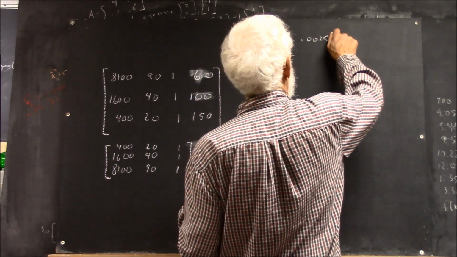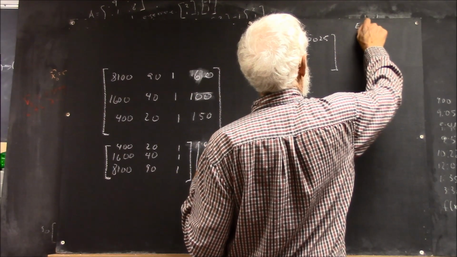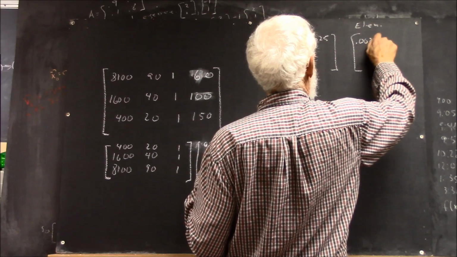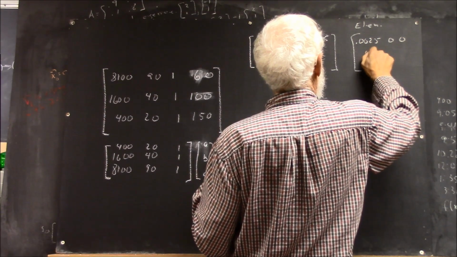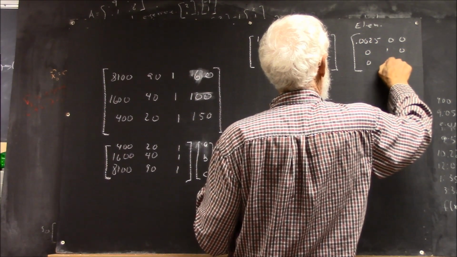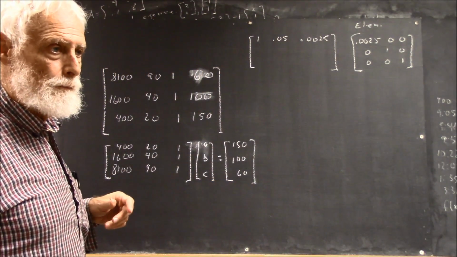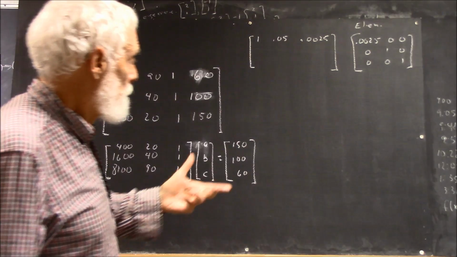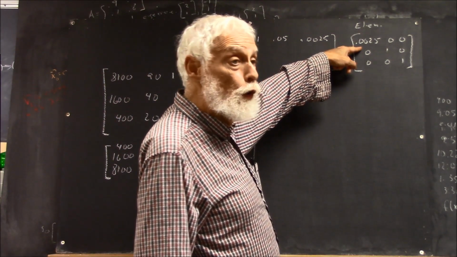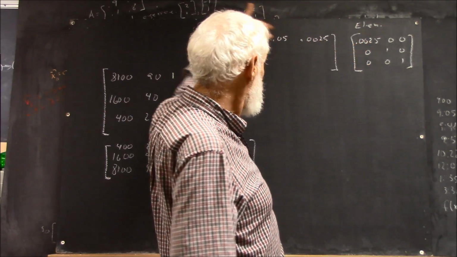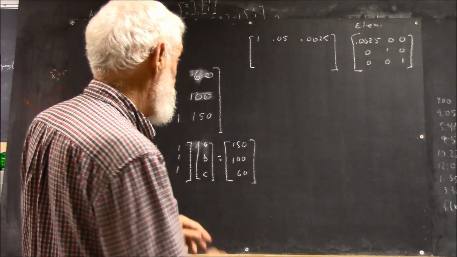And the elementary matrix is going to be this. Okay? And the inverse elementary matrix that I'm not going to write down will have the 400, because that'll take this matrix back to the identity.